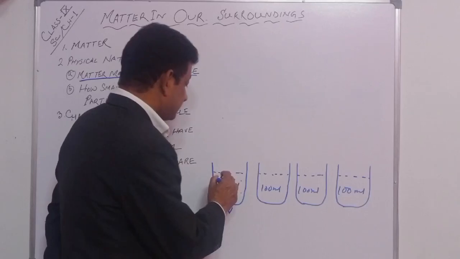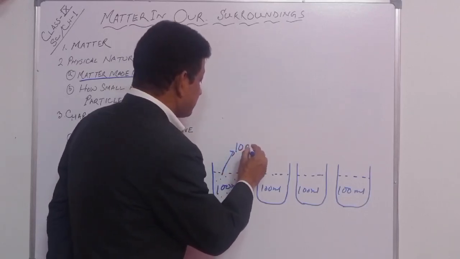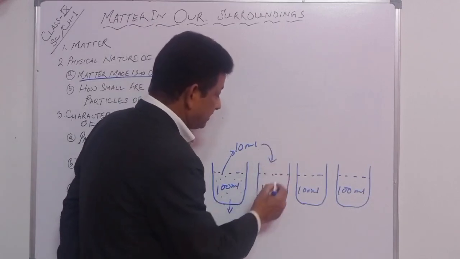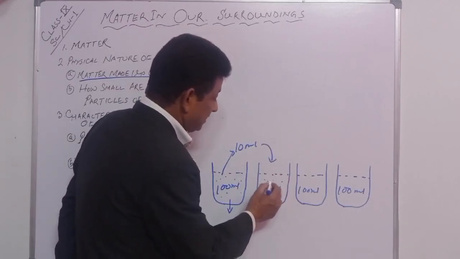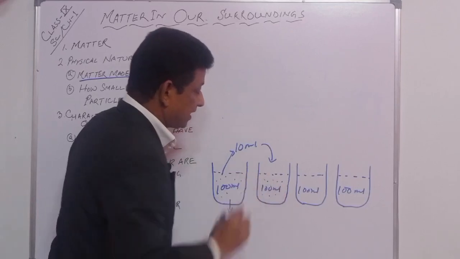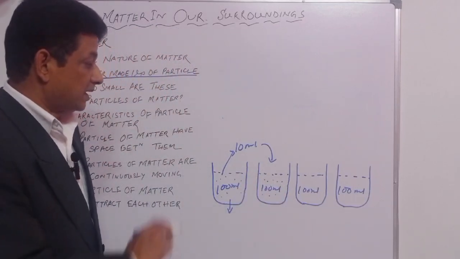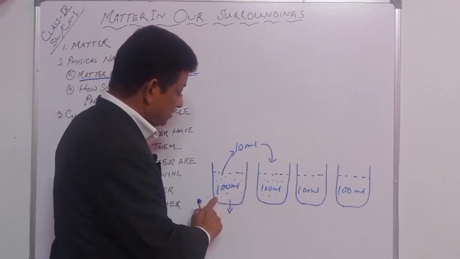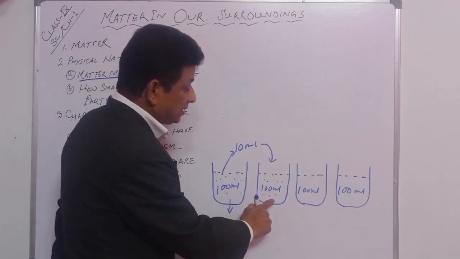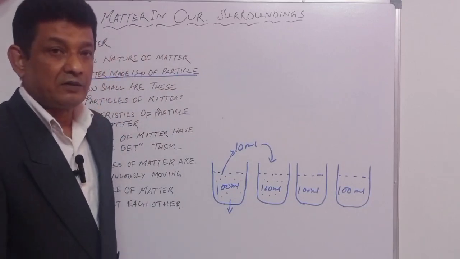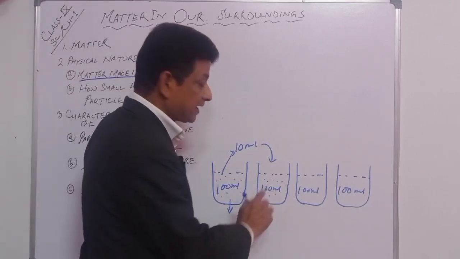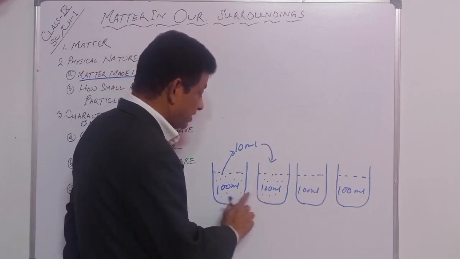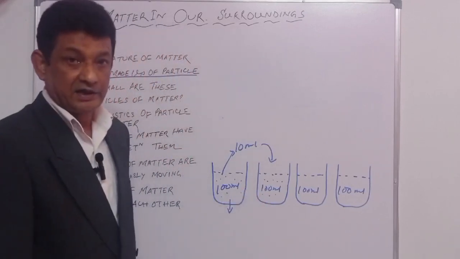Then we will take 10 ml from the first beaker and we will put it here. Then again we will see the characteristic pink color of potassium permanganate. Again we will observe the pink color in the second beaker, but the color of potassium permanganate from the first to second will be lighter.